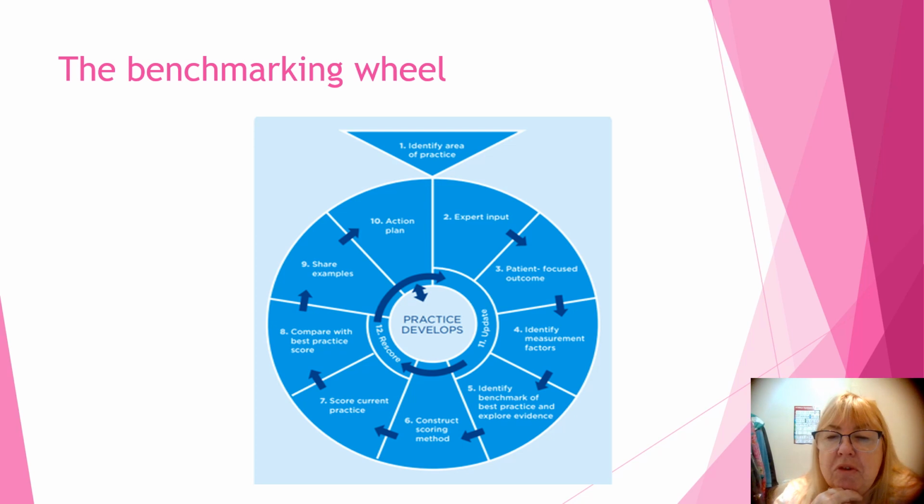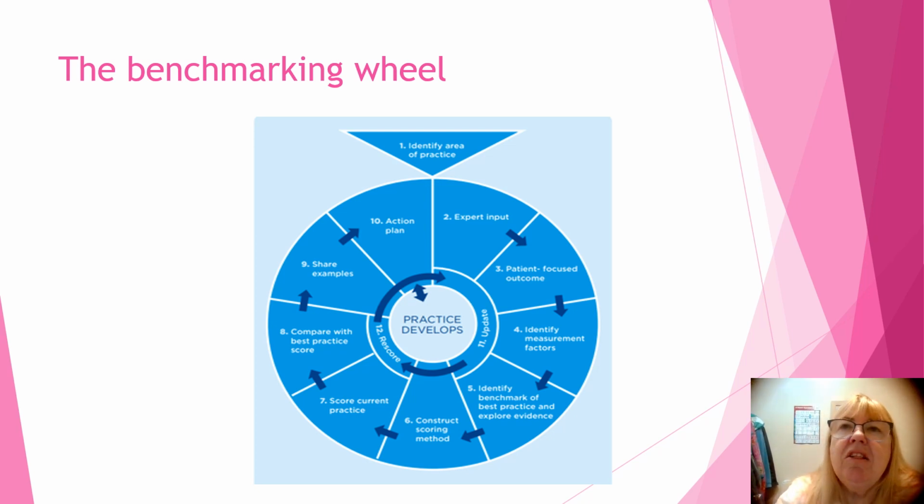Number 2 is the expert input, so get feedback from your practitioners, your clinicians. Number 3 is the patient-focused outcome. What would your service users like to happen? What sort of improvements are they looking for? Then you identify how you're going to measure it.